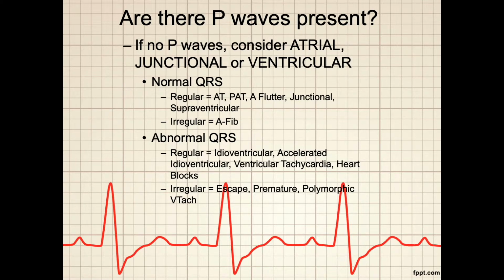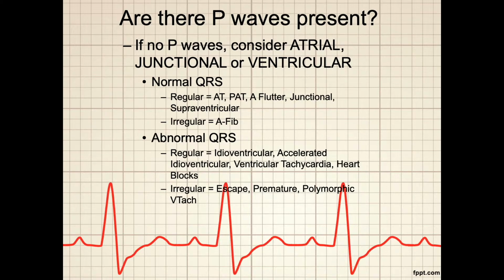So rhythms that have a normal QRS complex and a regular rhythm include atrial tachycardia, paroxysmal atrial tachycardia, atrial flutter, junctional rhythms, and supraventricular rhythms. Rhythms that have a normal looking QRS but are always irregular include atrial fibrillation.